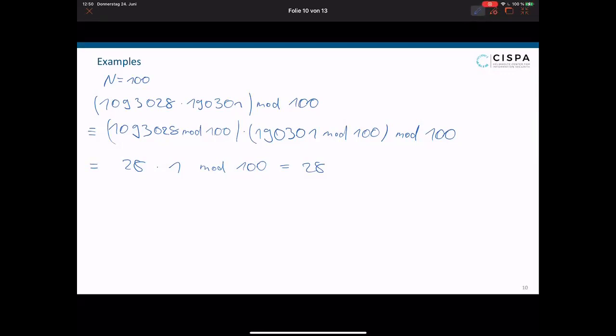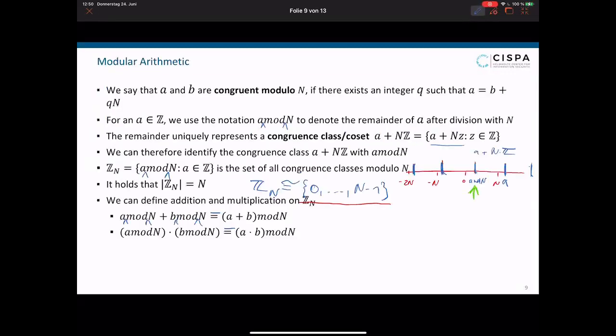I'm just writing, this is congruent. This last modulo 100 doesn't do anything, right? So what we're doing here is we are computing on these representatives, and we just have to make sure that if after some operation we would end up outside of this set of representatives 0 to n-1, we map back with a modulo n operation.